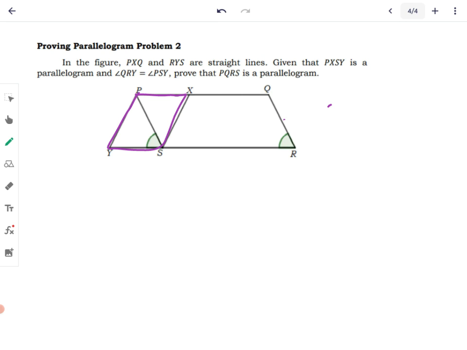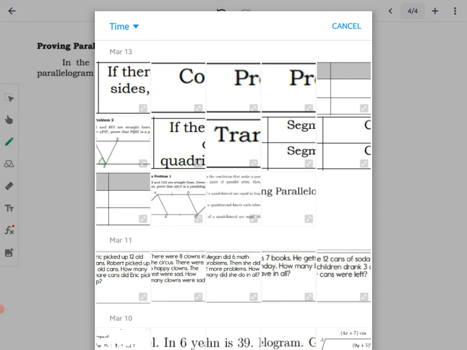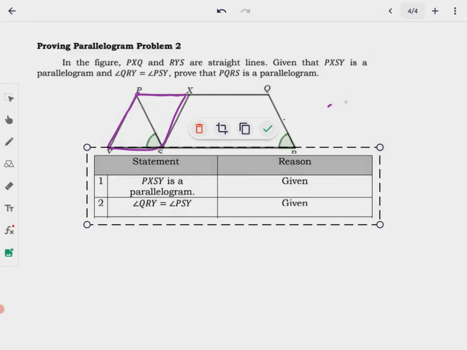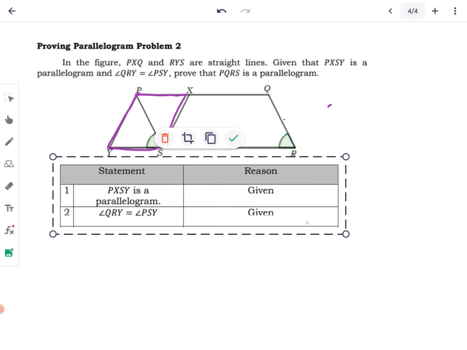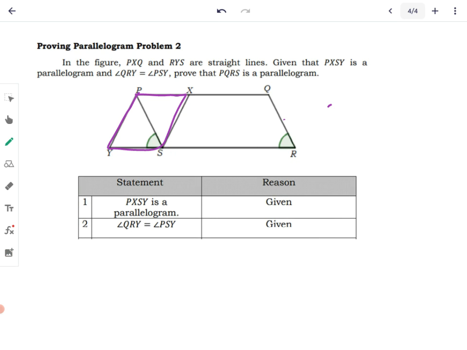So we will use that to make deductions, so that we can conclude that PQRS is also a parallelogram. Again, we start our proof with the given.